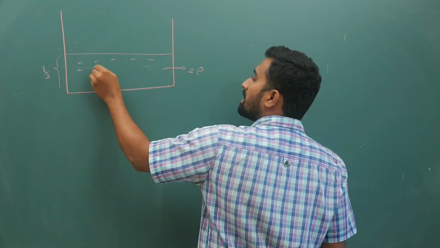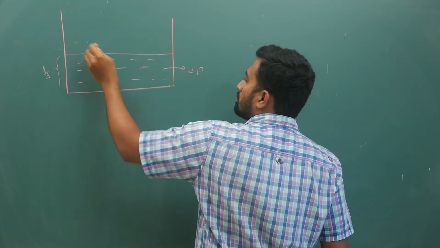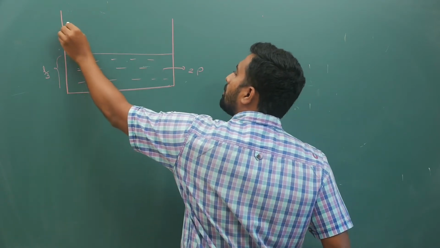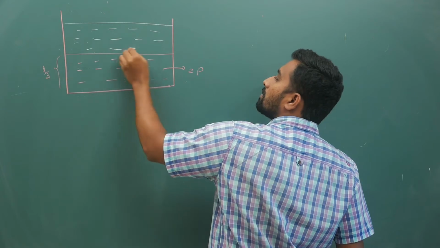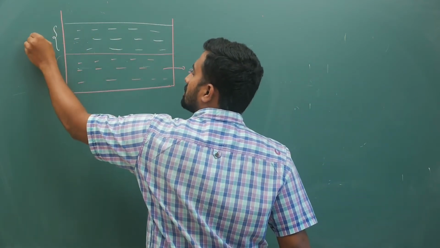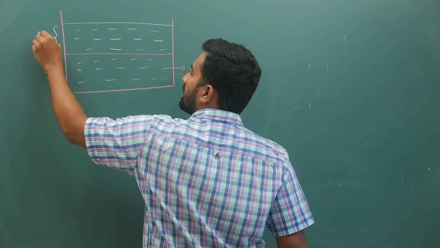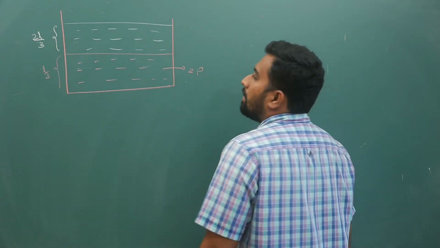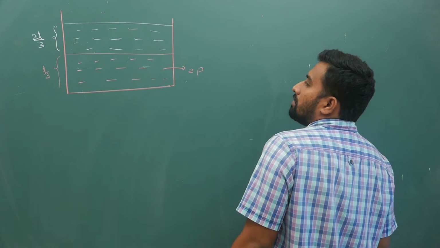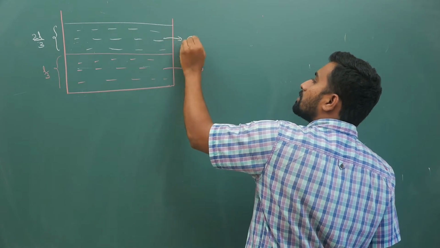There are basically two liquids. In the top part there is one more liquid, with height 2L by 3, and this liquid's density is rho.